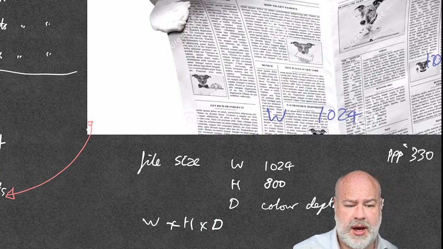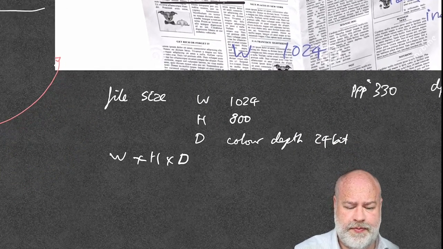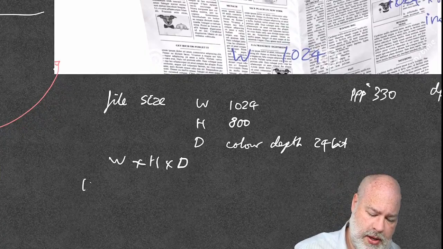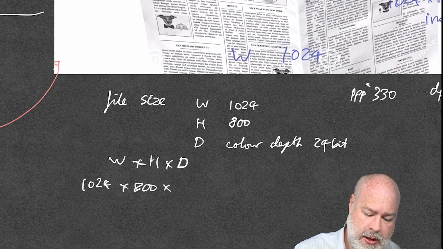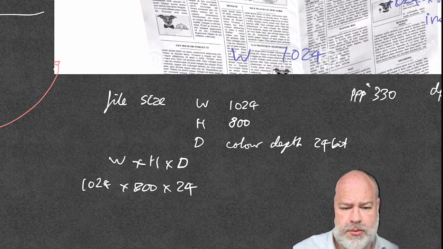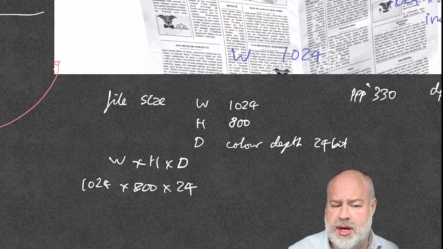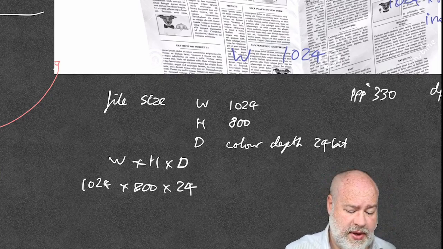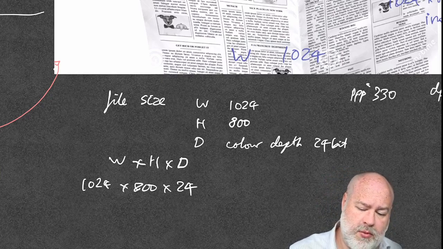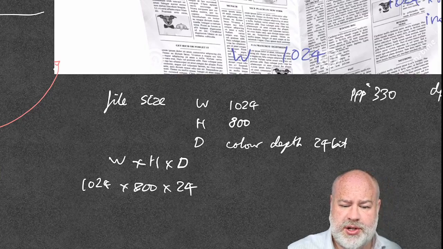The file size would be 1024 times 800 times 24. That would give you the file size of it. And we'll go through some example questions in just a moment from exam style questions.